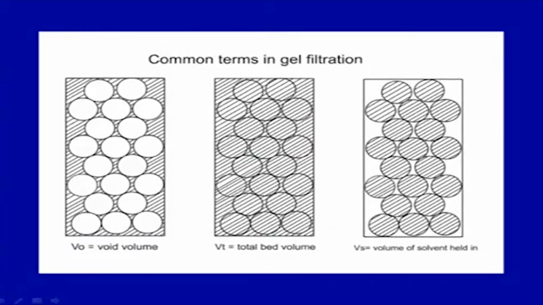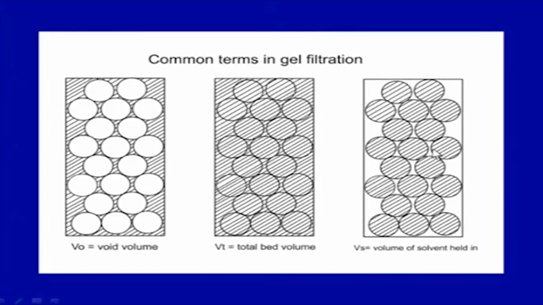Now, let us look at the different terms in columns. If you see the shaded part here, this is called the void volume. It is the volume outside the support matrix. This is the total volume, taking both the volume outside the beads and inside the beads, that is the total bed volume.